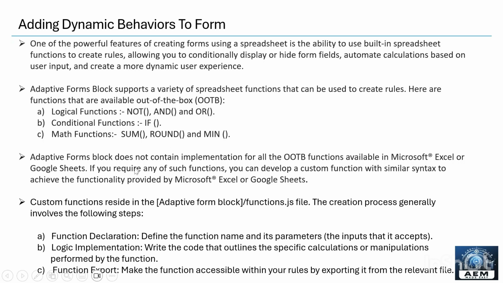The process of creating a custom function is very simple. Once we get this adaptive form block, there's a function.js file available. Inside that, we just need to define a function, put in the logical implementation, and then export the function. Then we can use it in the spreadsheet.